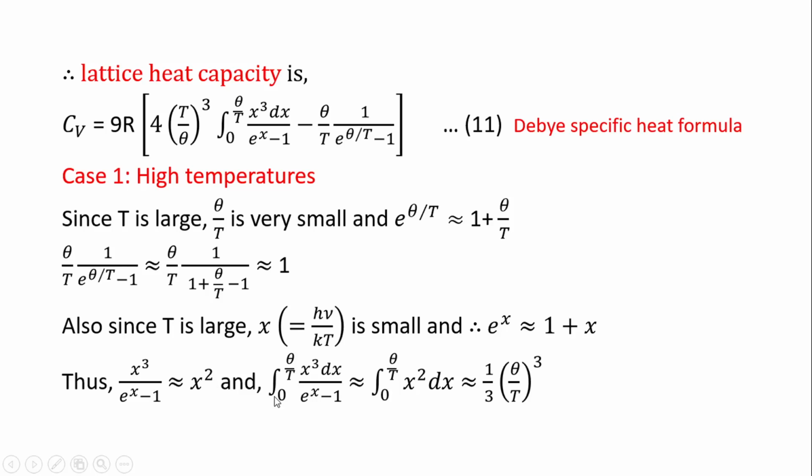And in this way, for this integration term, we have 0 to theta by T, simply x square dx, that is x cube by 3 will be the integration, and after putting the upper limit we have 1 by 3 into theta by T whole cube.